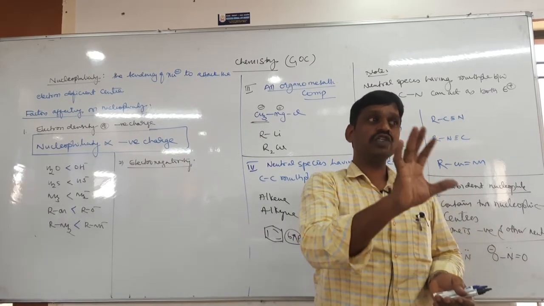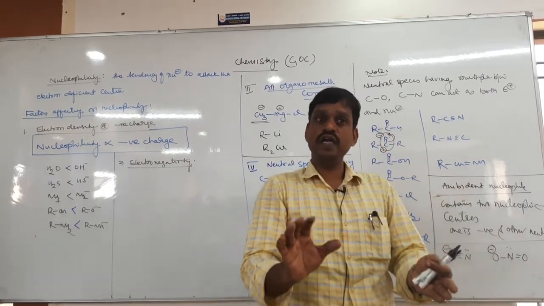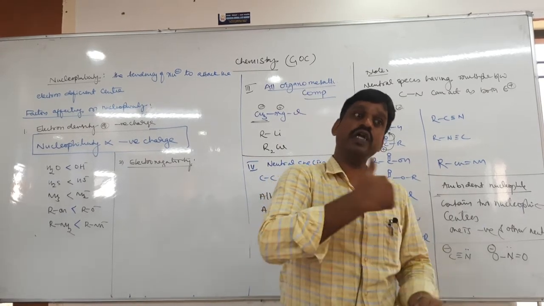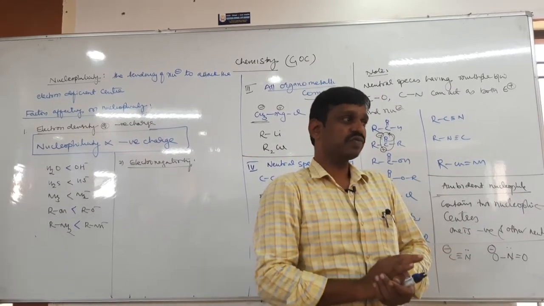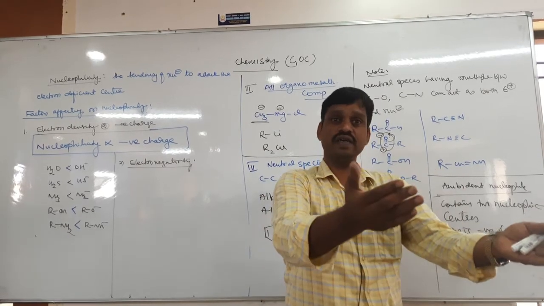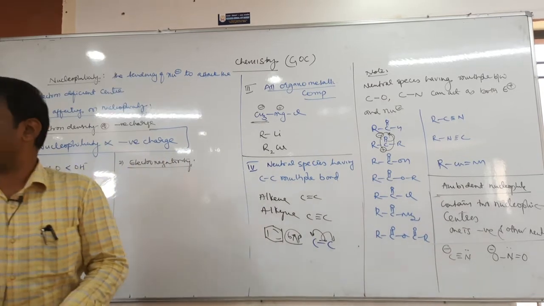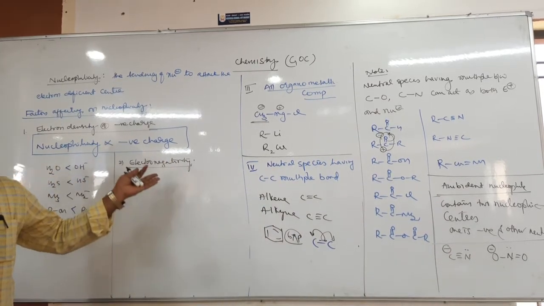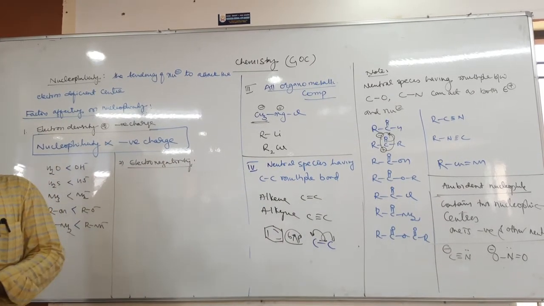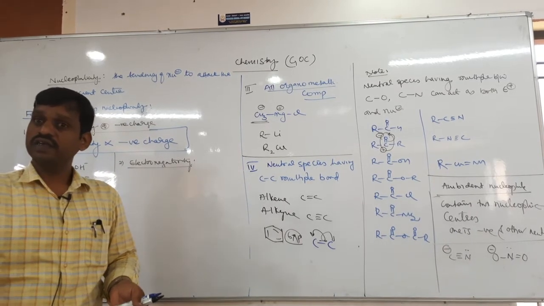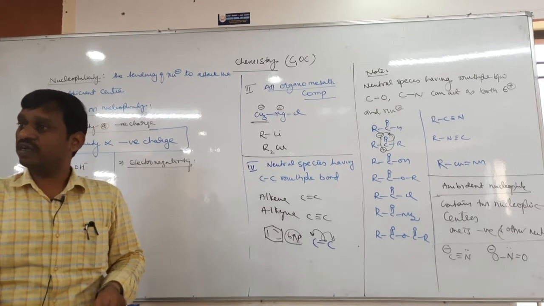Usually the function of a nucleophile is to attack the substrate and subsequently donate the electron pair. Not only attack, it donates: attack and donate. In order to donate electrons, it should have less electronegativity, because if an element has more electronegativity, it cannot lose or donate electrons.